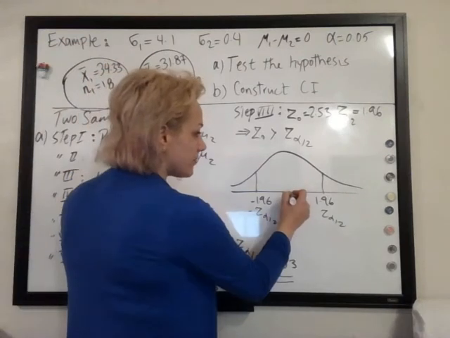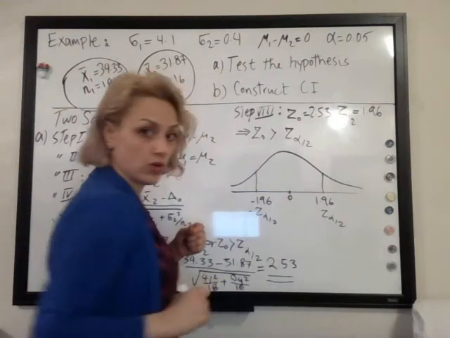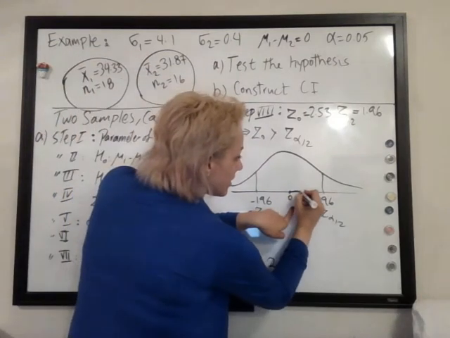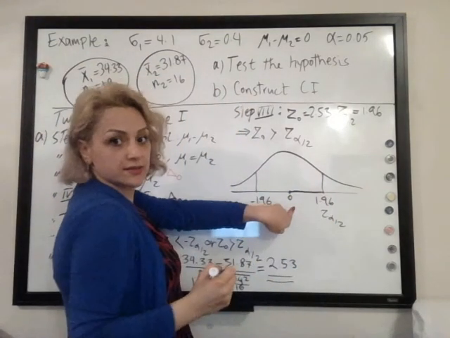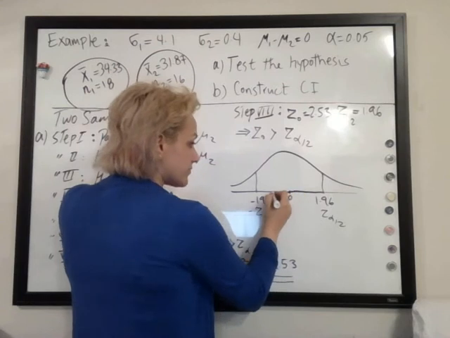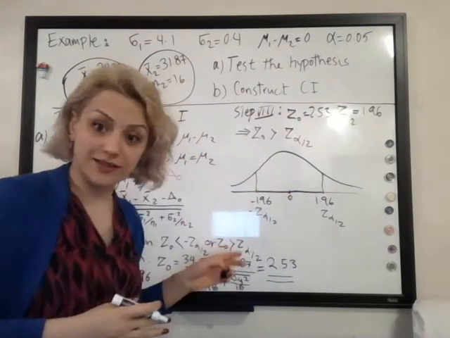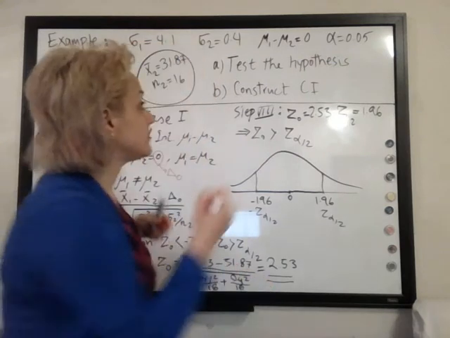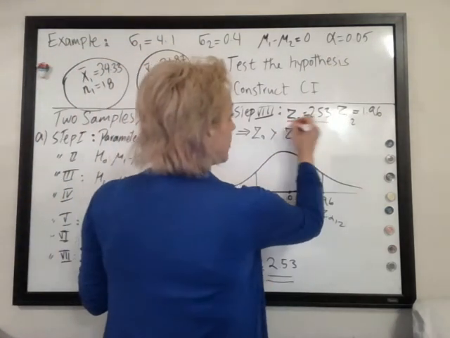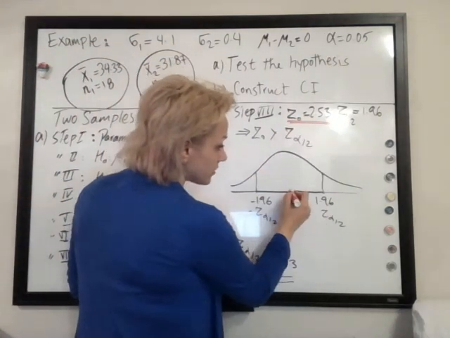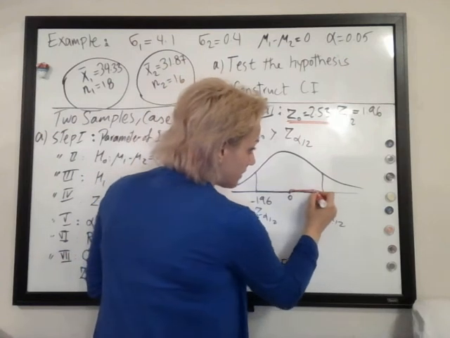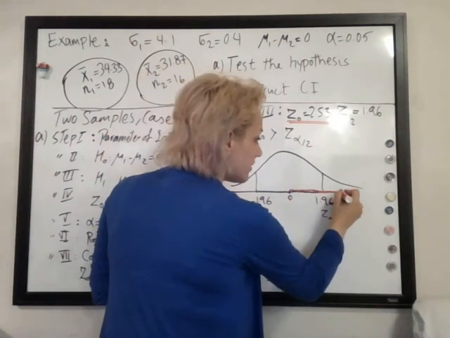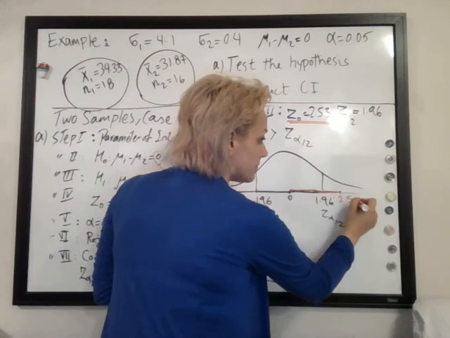From this point, which is our 0, this length is 1.96, and this length is 1.96 on the negative side. Now think about it. When we find that this z observed is 2.53, if I start from here, definitely I'm going to pass this, because I'm comparing the lengths. So here is going to be 2.53.